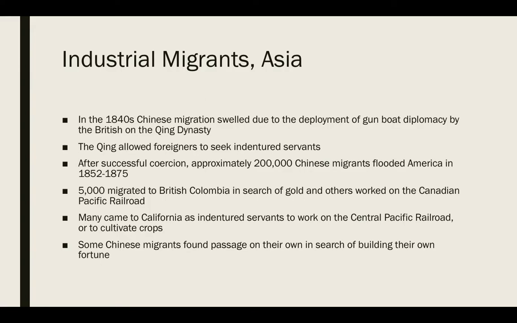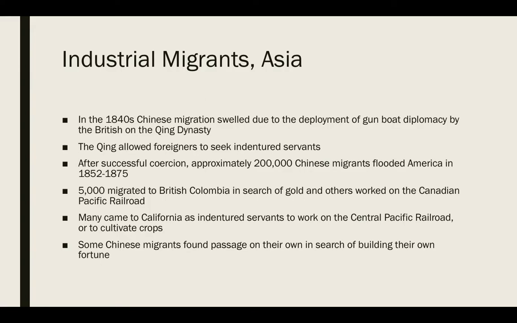So, industrial migrants from Asia: in the 1840s, Chinese migration swelled due to the deployment of gunboat diplomacy by the British on the Qing dynasty. Gunboat diplomacy is when British gunboats, small squads of warships, sail into a strategic area to leverage negotiations.